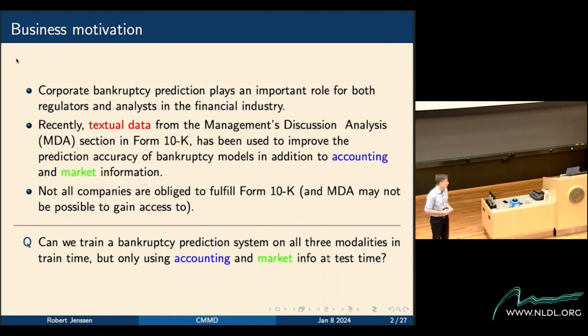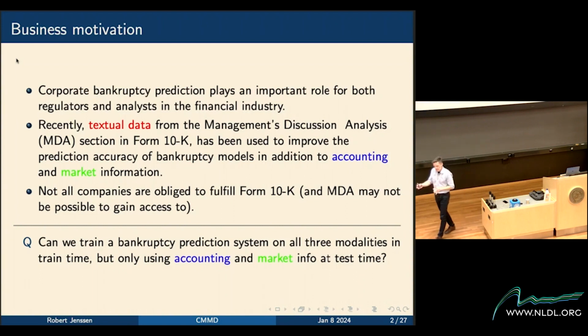It's called the Management's Discussion and Analysis section, Form 10. So this is available to the banks. It's basically a text description that can be associated with customers like us. However, not all companies are obliged to fill out this kind of information.